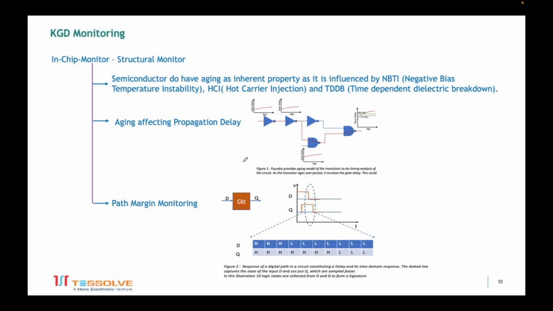And having said this, because of this complexity, there are now talks of path margin monitoring coming into place. A simple way to explain this is, for example, you have a flip-flop with a D and Q, and you monitor the transition with a little higher resolution. So you strobe it a little faster.